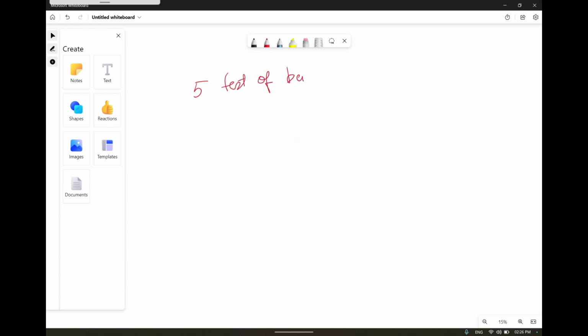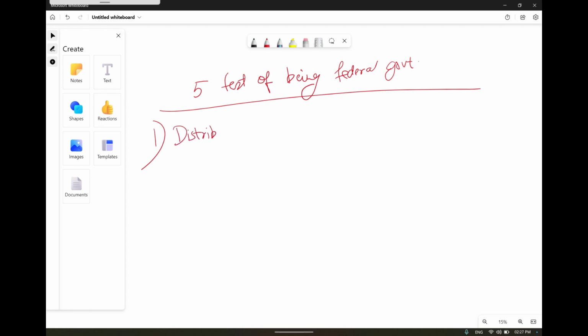of being a federal government. Okay, classification of the 5 tests of being called a federal government. First, what is the first point? There must be distribution of powers. Distribution of powers between whom? Between center and state.